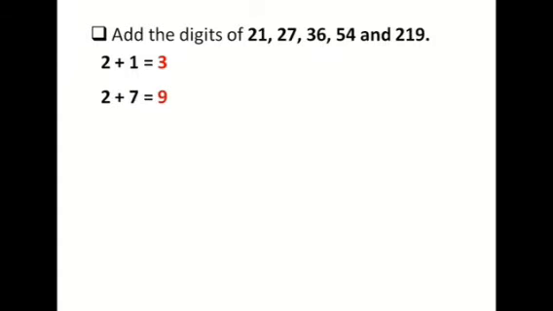How much is it? 9. For 36, 3 plus 6. Yes. For 54, 5 plus 4 gives you 9. For 219, 2 plus 1 plus 9. So you got the sum of the digits: 3, 9, 9, 9 and 12.